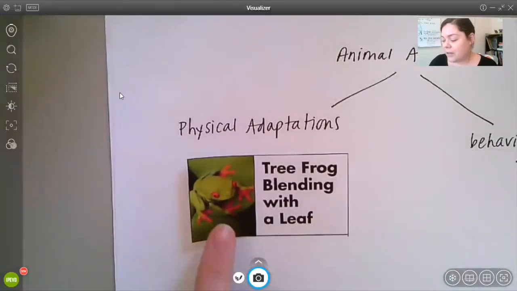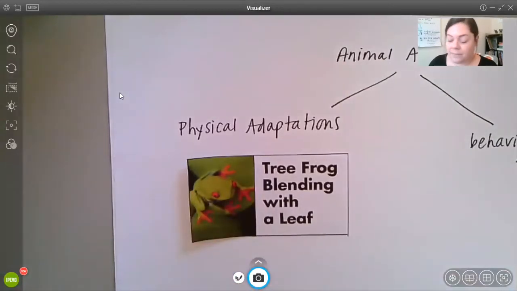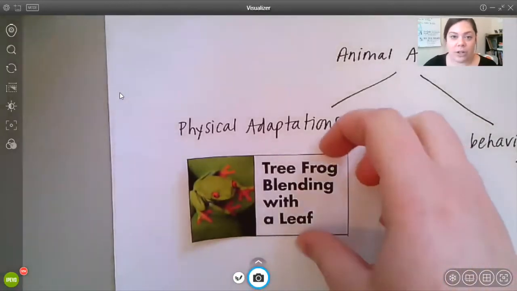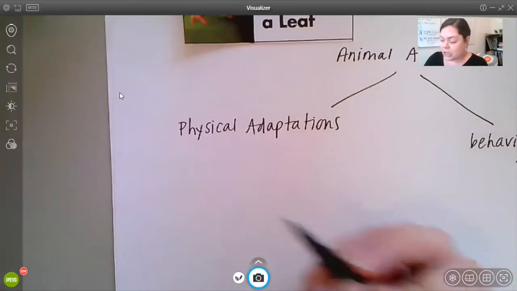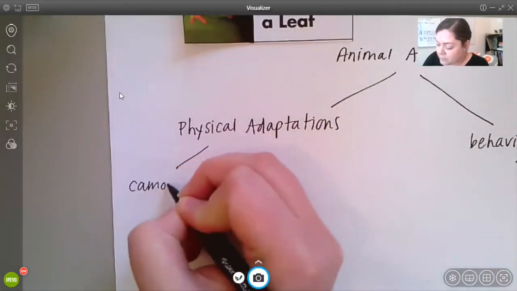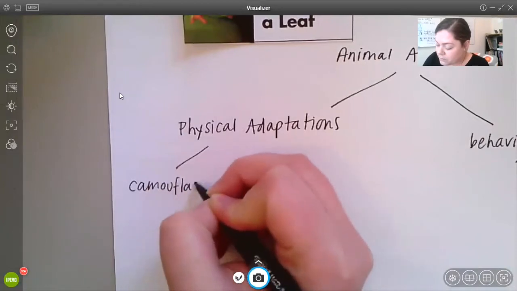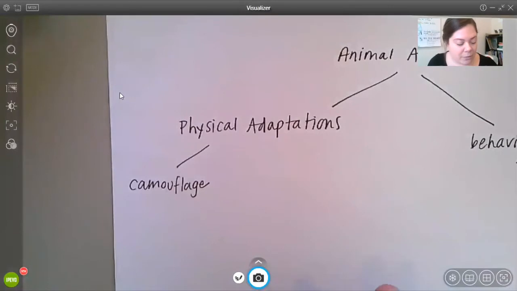You'll notice that this tree frog has the same green coloring as the leaf behind it. This tree frog is using camouflage in order to help it survive. So one type of physical adaptation is camouflage. And that is blending in with your surroundings.